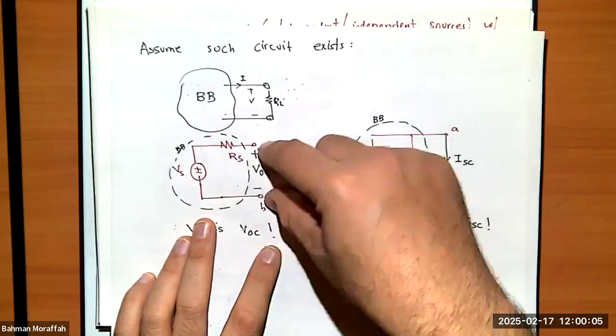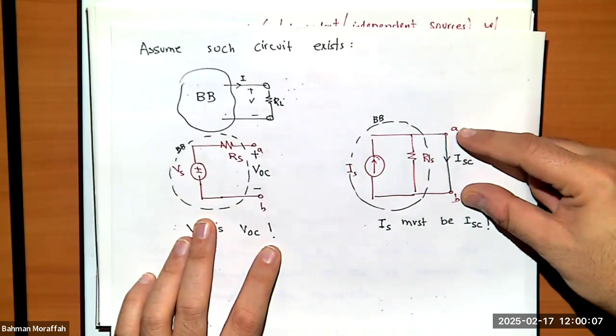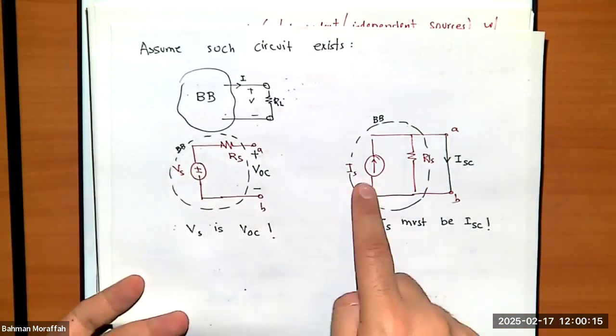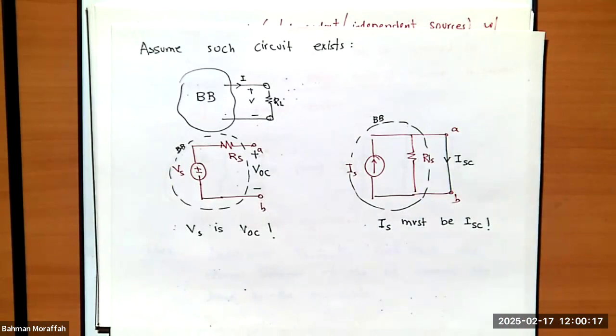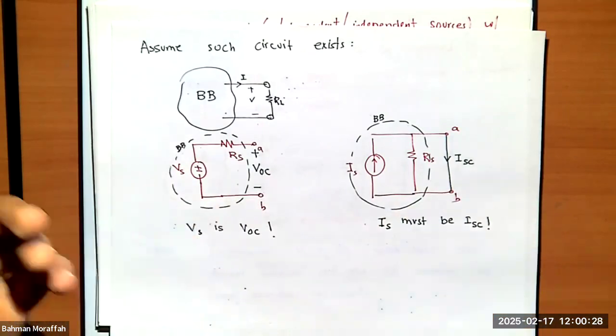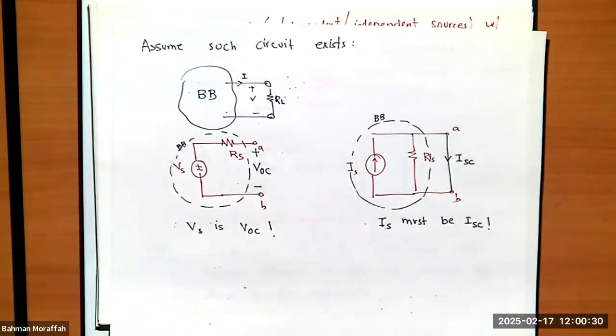So the external behavior of this circuit must be the exact same as the external behavior of this circuit. So if I want to find this Rs, it turns out I can just divide Vs by Is. I'm going to walk you through it entirely next lecture. But just because of these two circuits being equivalent, I know Rs must be Vs over Is.